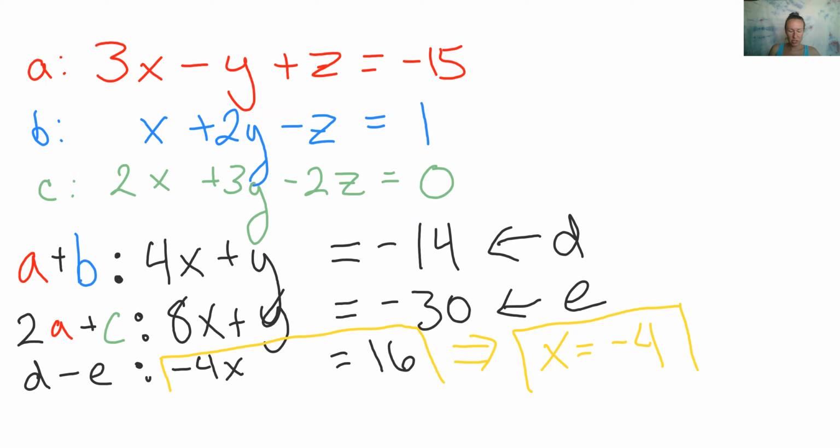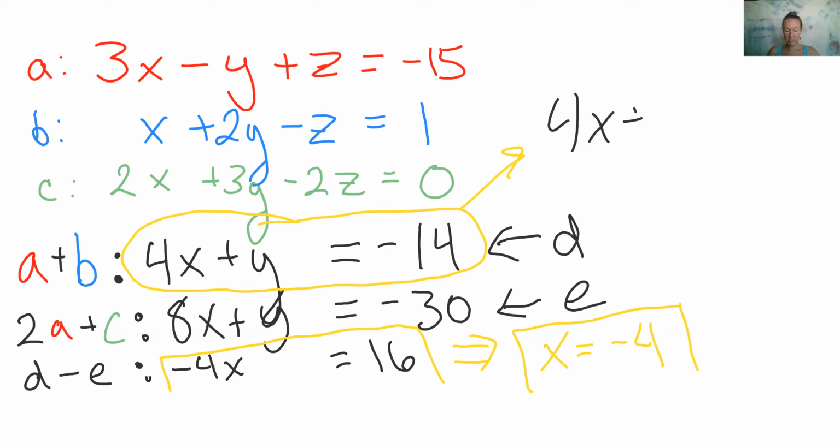Since we have equations that are just in terms of x and y, if we plug in our x equals -4 into this guy here, we can solve for y. So let's take this equation over here. It is 4x plus y equals -14.